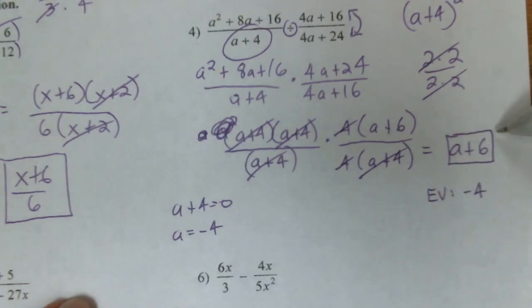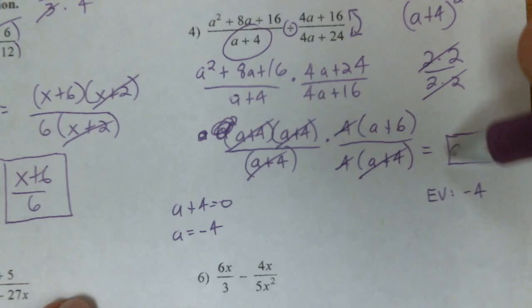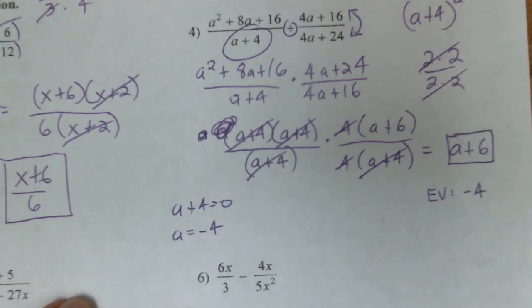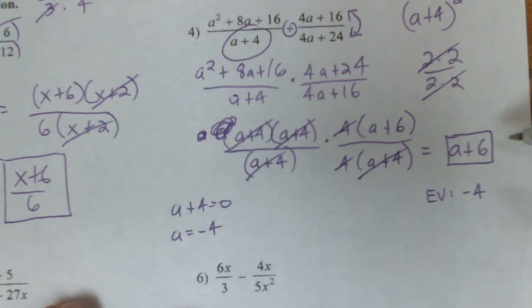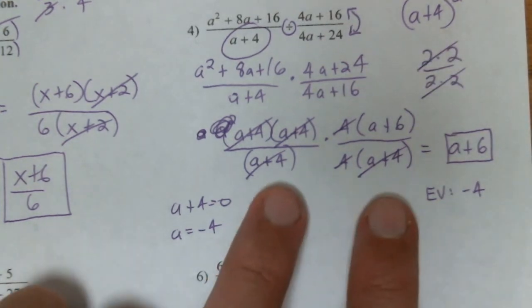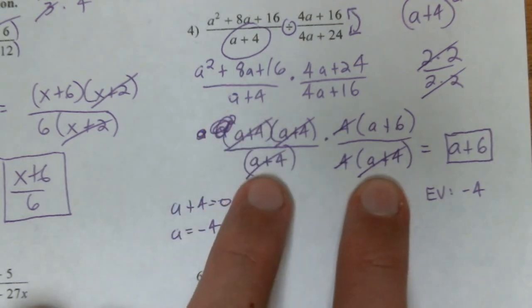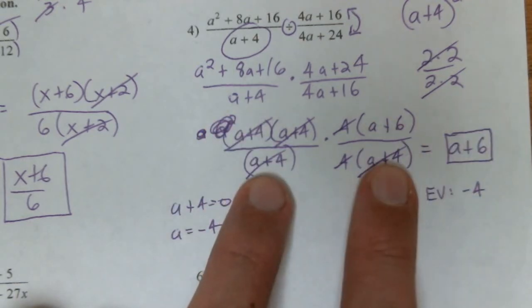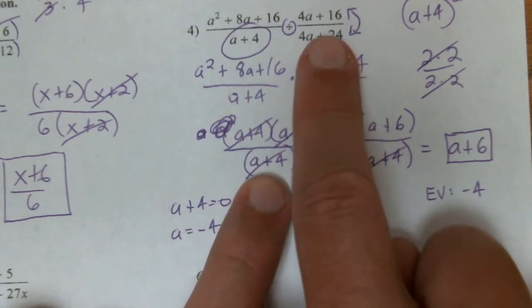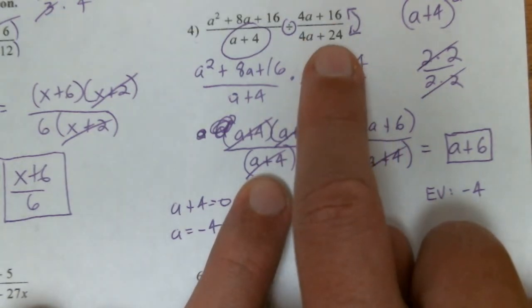Some of you will look at your final answer and say, I don't have any excluded values because I don't even have a fraction in my final answer. That's true, and that's why you have to go back and look at every step of the process. Some of you might go back to this point and say, my EV is negative 4 because a negative 4 there or a negative 4 there gives me a 0 in the denominator. That's true, but you have to go all the way back to the original problem.